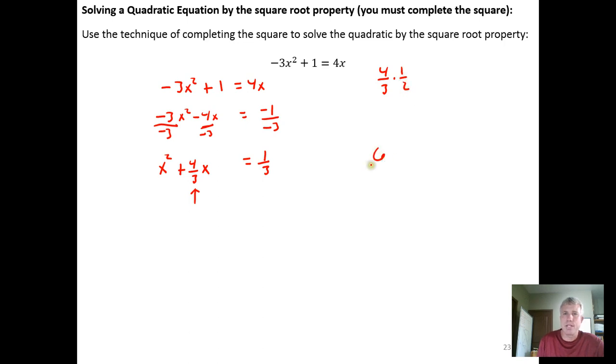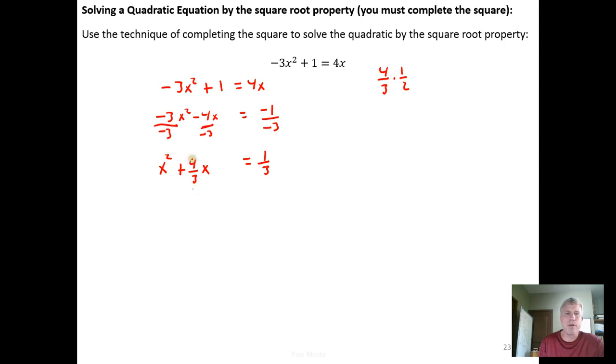If we have a 6 and divide by 2, we get 3. But if we have a 6 and we multiply it by a half, we also get 3. So in this case, because my middle coefficient is a fraction, it's going to be easier to multiply by a half than dividing that fraction by a 2 and causing a complex fraction.